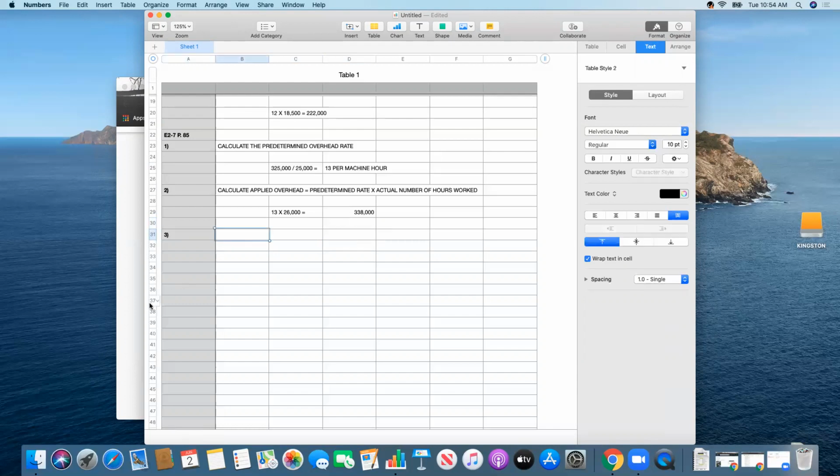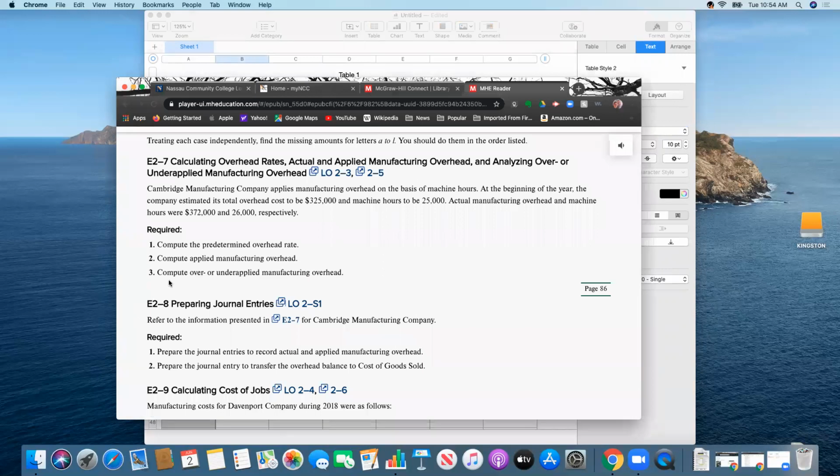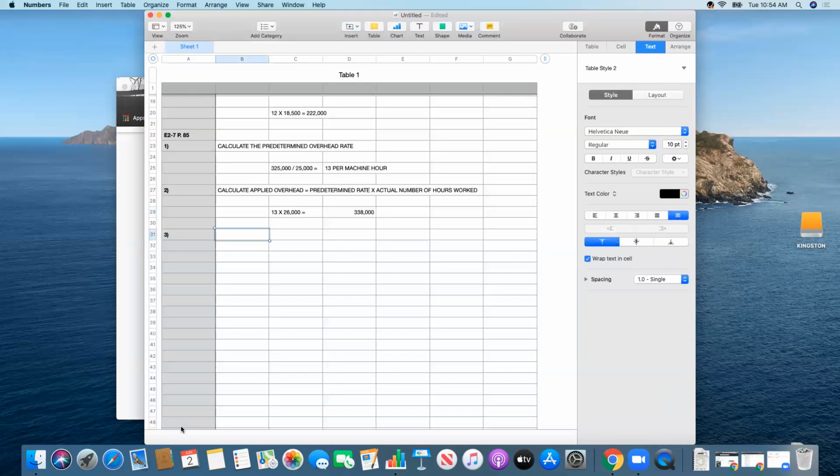Step 3, compute the over or under applied overhead. Okay. Now I'm going to try to draw the account.